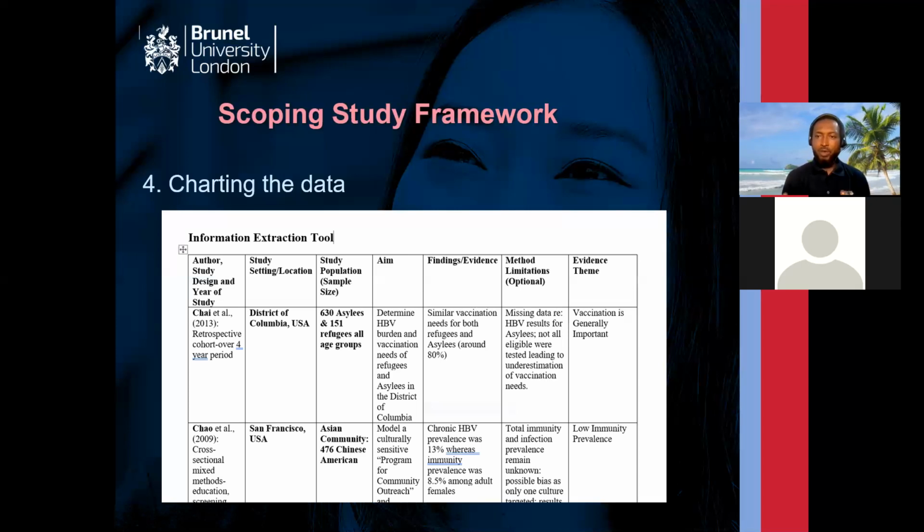So if you have articles that have the same concurrence, pointing in the same direction, you can give them a general theme. This will help you when you are writing your results, when you are charting your summaries for all the information. So you don't need to get there and start reading one after the other. As you're doing it, you're already thinking ahead about your results charting. That's why it's important that you do that.